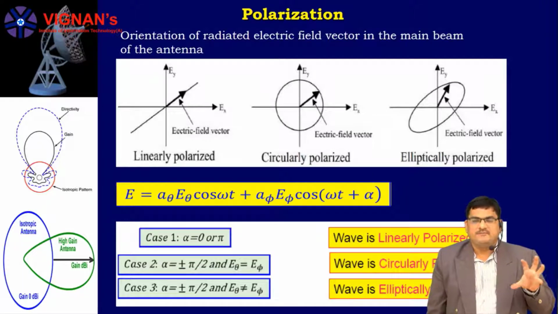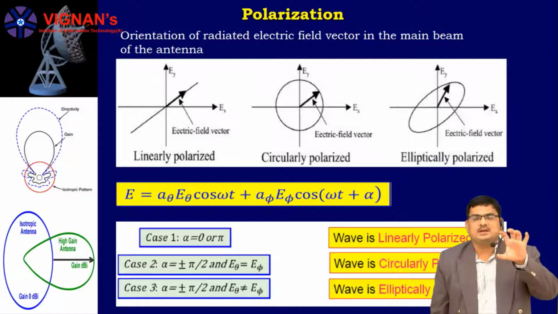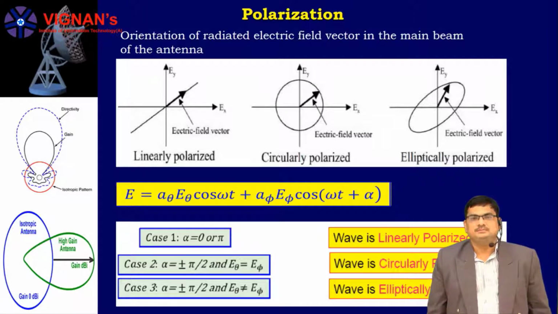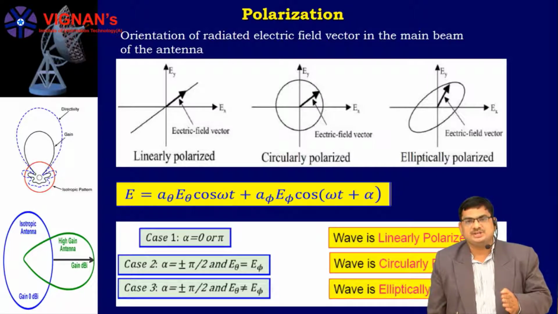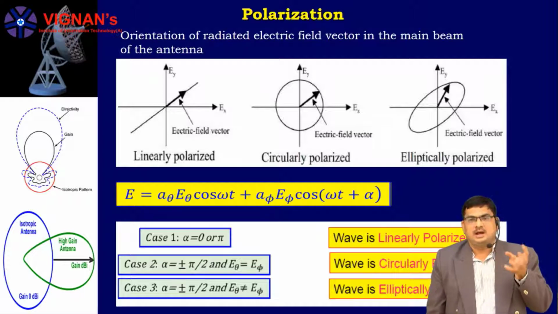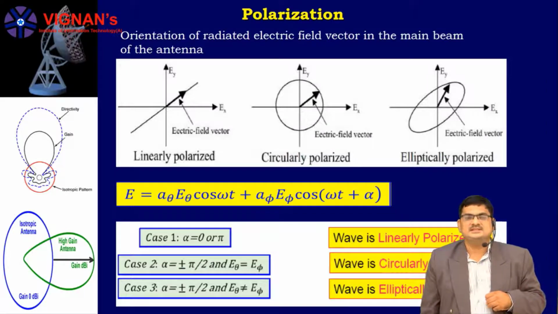If the electric field vector is traced in the shape of a circle, then we say circular polarization. In circular polarization, if the direction of propagation is clockwise, we say it is right-hand polarization.